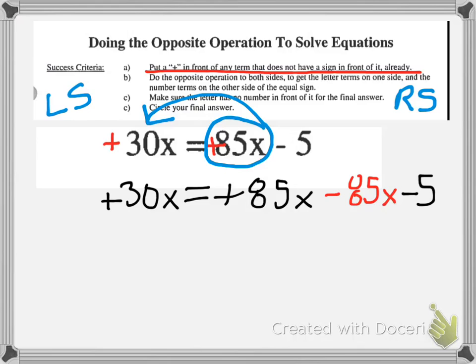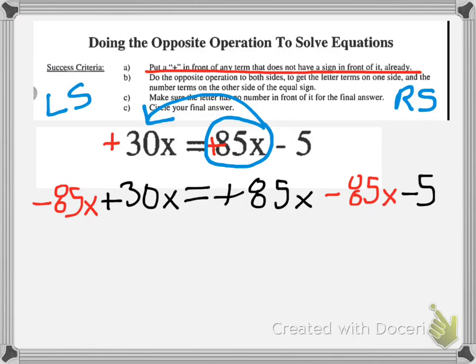So if we keep it balanced, then we don't change the value of the equation. So if you're going to subtract 85x on that side, you're going to have to subtract 85x on the other side. That keeps the equation balanced. If you do the same thing to both sides, you haven't changed the meaning of the equation at all.